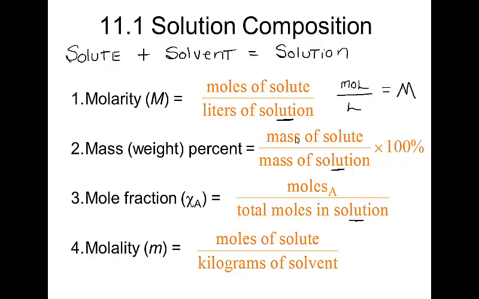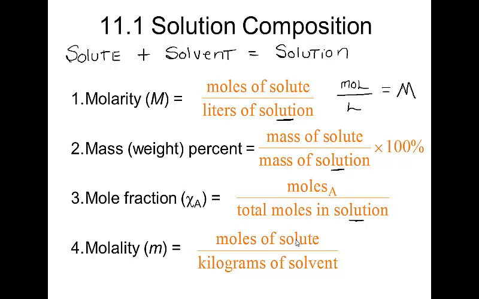So for the first three, the denominator is all the solution, and the solution is the sum of the solvent and the solute. Keep the definitions straight, because notice the fourth computation, molality. Molality is another form of concentration for a solution. Its symbol is a little m, and its definition is different.